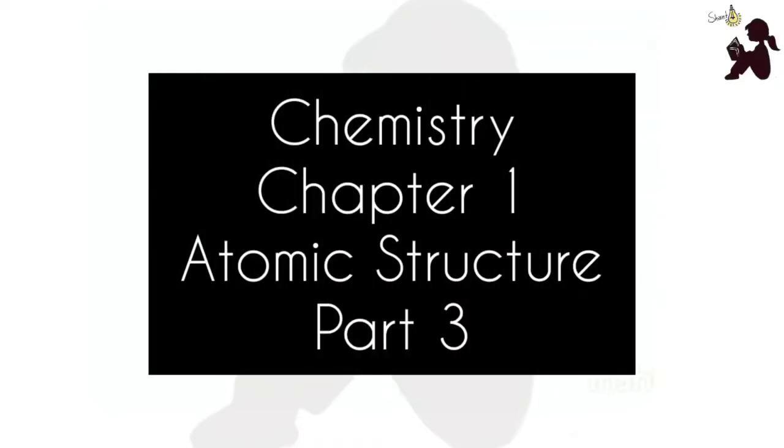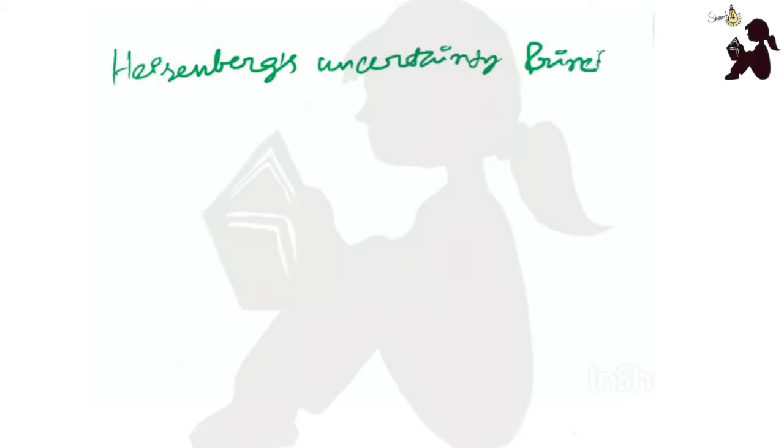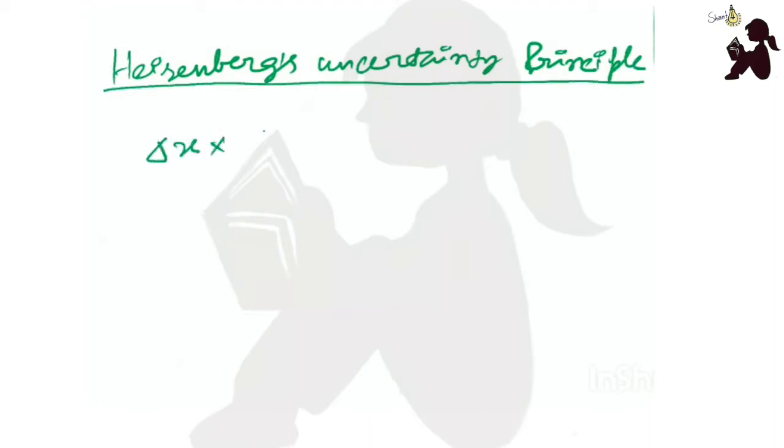Now we have to discuss Heisenberg's uncertainty principle. And what did Heisenberg say? That the uncertainty in position times the uncertainty in momentum of an electron will be greater than or equal to h by 4 pi.